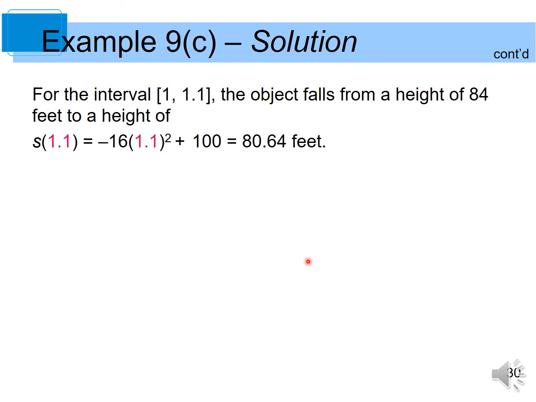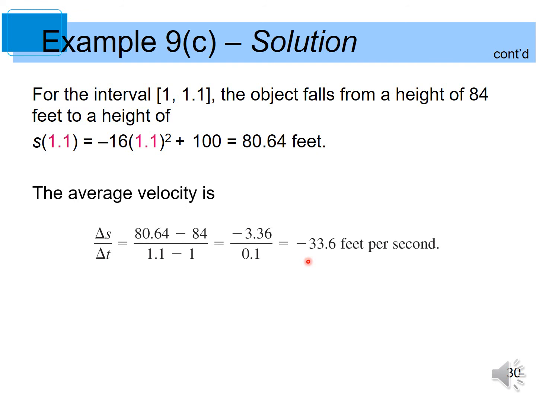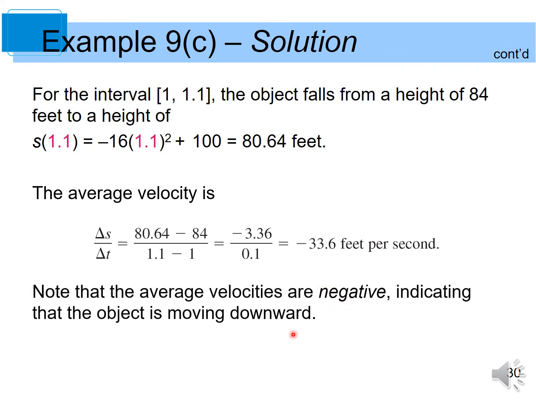We use the same method to solve C. And again, I repeat, the average velocities are negative, indicating that the object is moving downward.